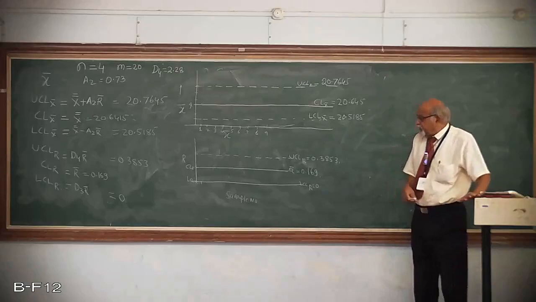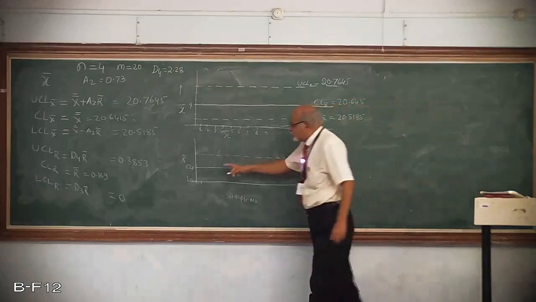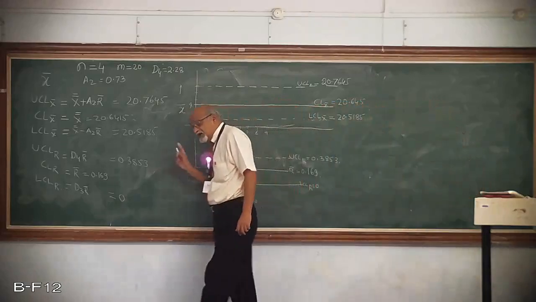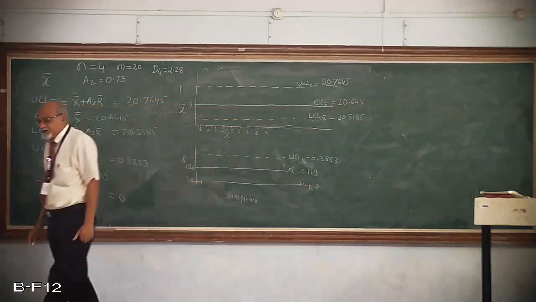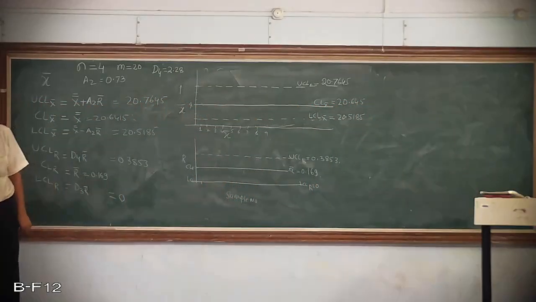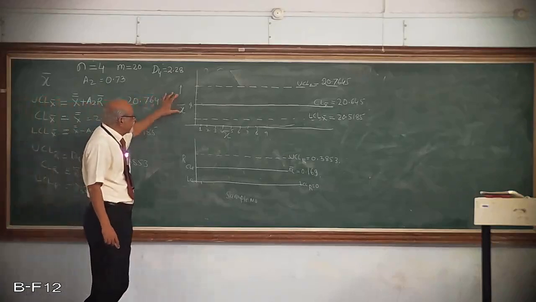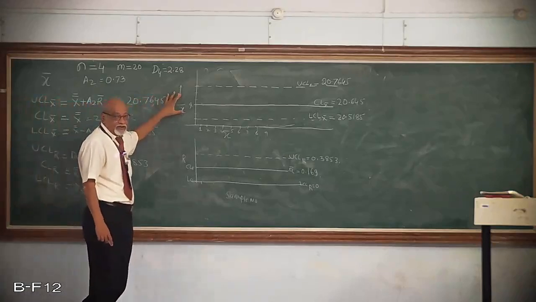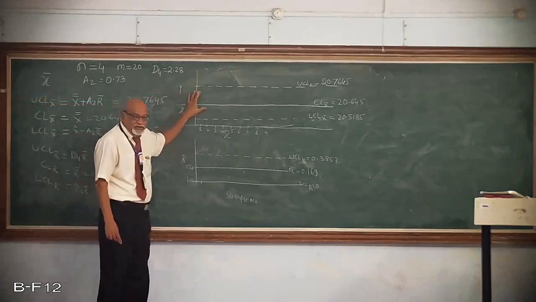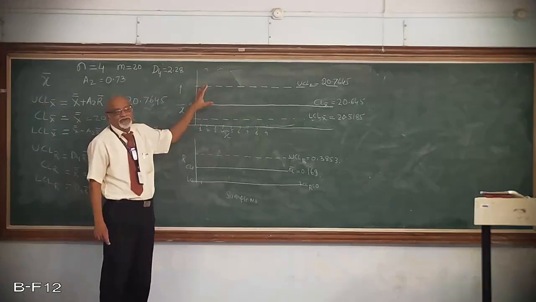And if it falls outside the control limit on the range chart or the sigma chart, what does it mean? It might fall within the control limit on the X bar chart. Okay, fine. That means the process average is not changed. It is within the expected norms.